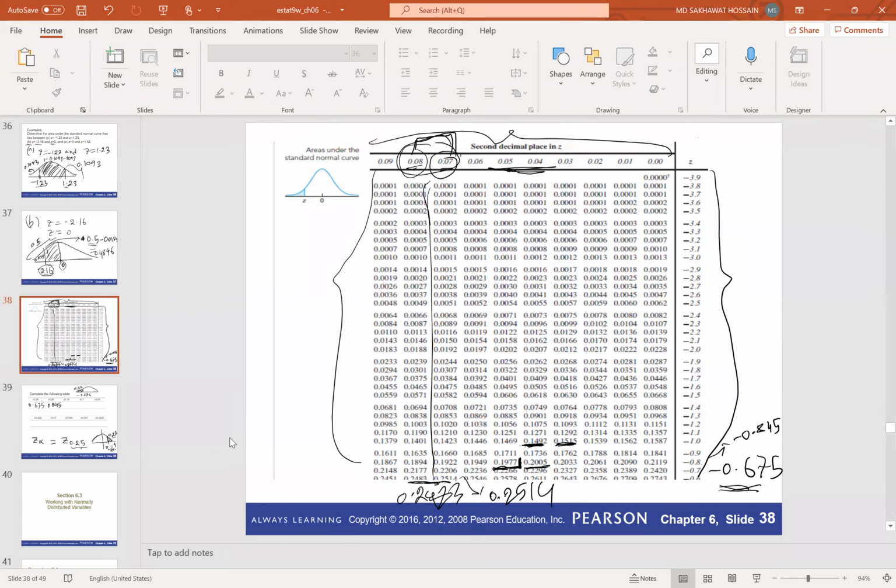So 0.15 is between these two numbers, right? So the z-score will be, this is -1 and this is 0.04 and 0.03. So the average of 0.04 and 0.03 will be 0.035. So this z-score will be negative 1.035.